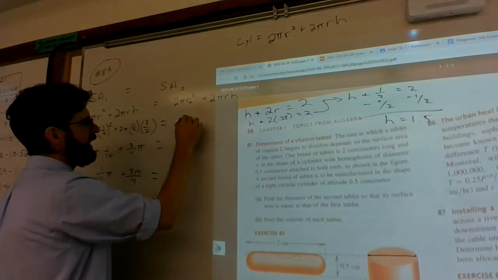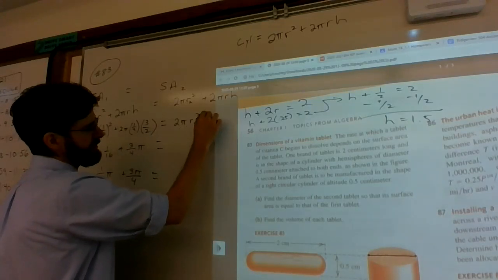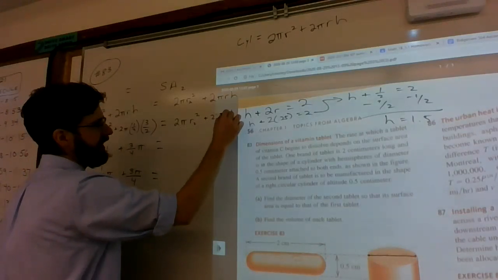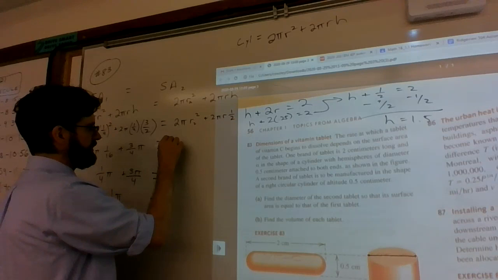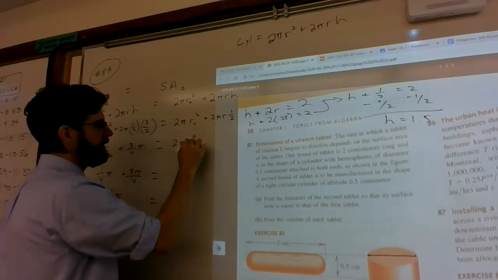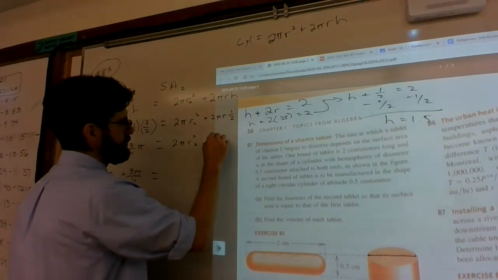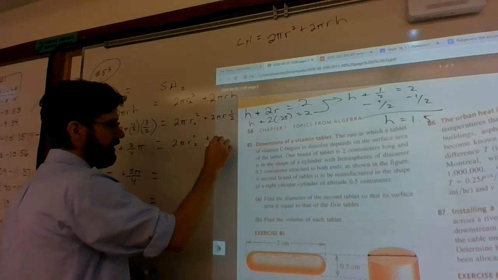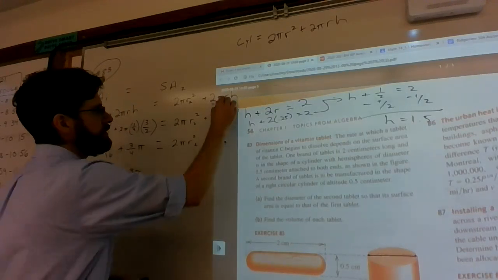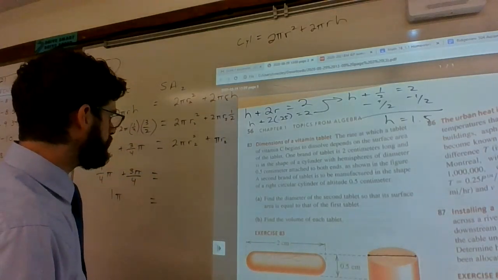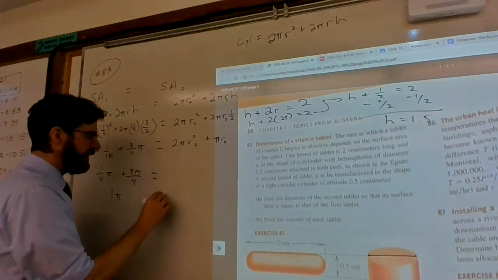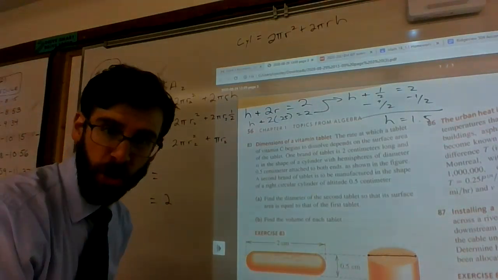So you got 2 pi r2 squared plus 2 pi r times a half, which is 2 pi r squared plus pi r2. Move all this down. At this point, I'm just going to go back to regular r for the radius.